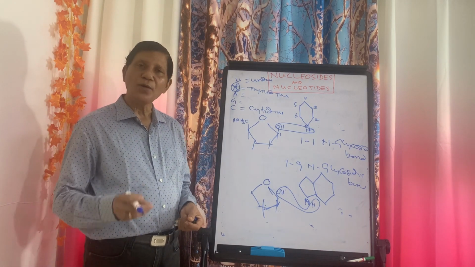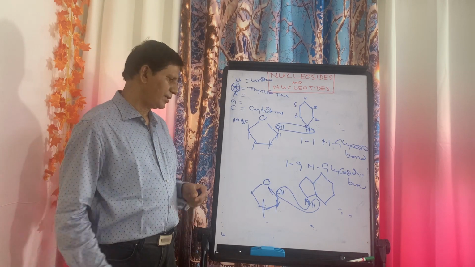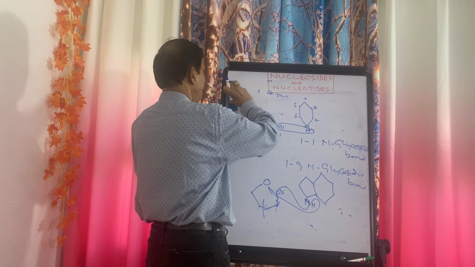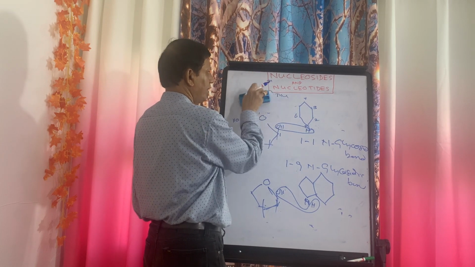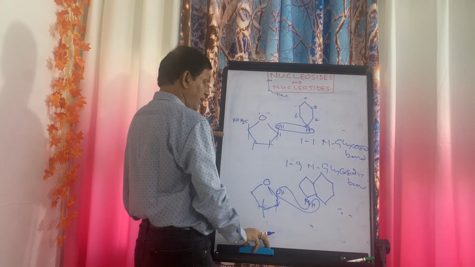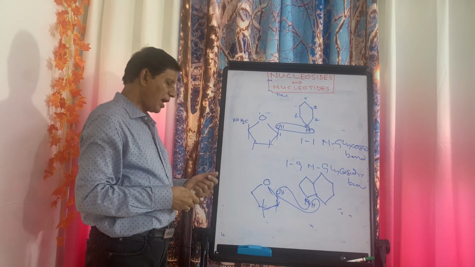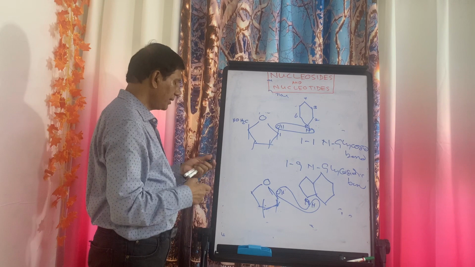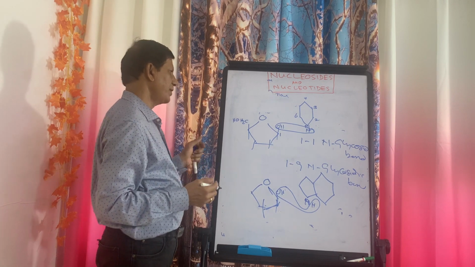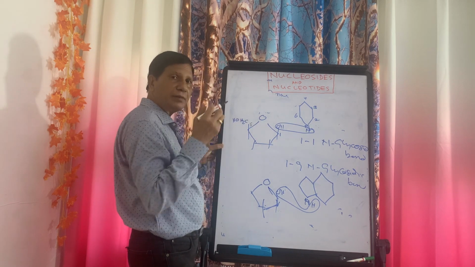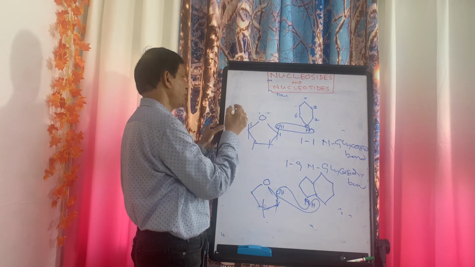Now, how are the nucleotides formed? That is very interesting. Now, nucleosides are already formed. Now, how is the nucleotide formed? Now, the phosphoric acid will be attached to the 5th position.